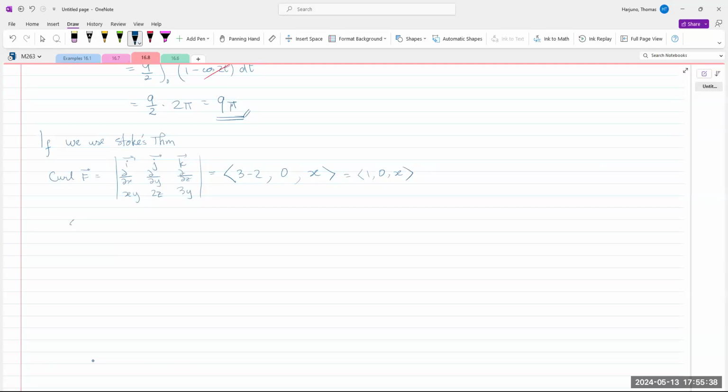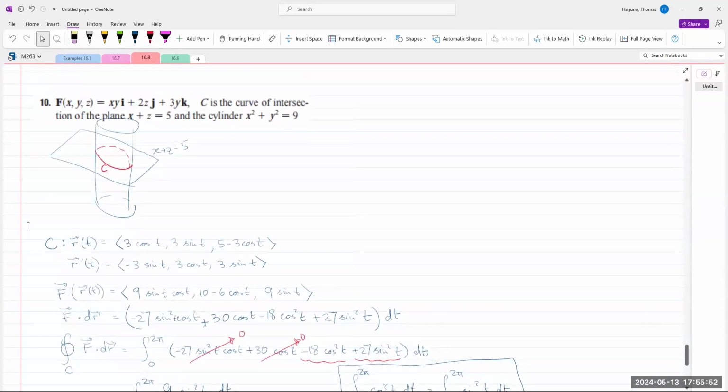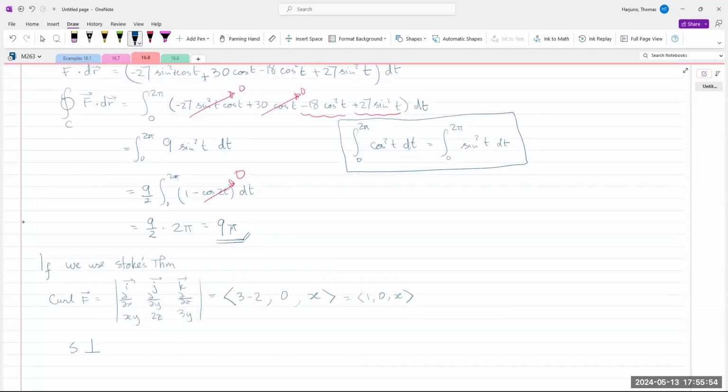Now how about surface S? Surface S has a normal vector. Surface S is perpendicular to 1, 0, 1.